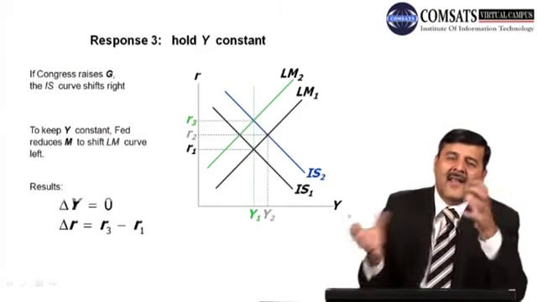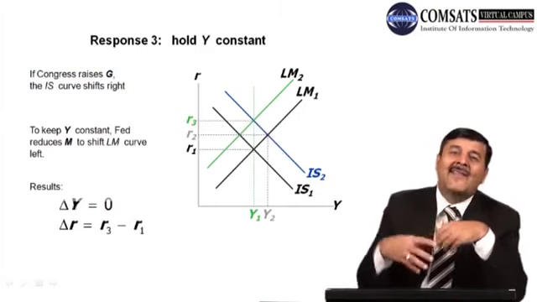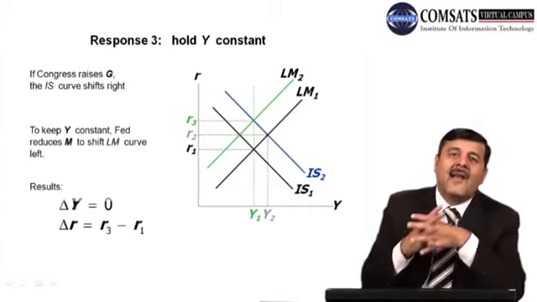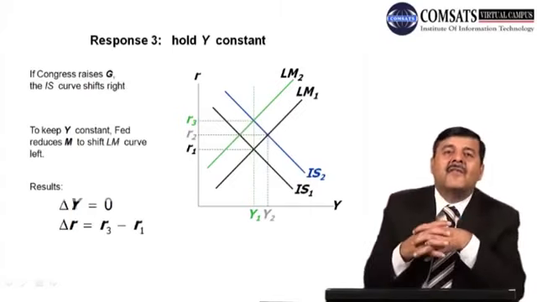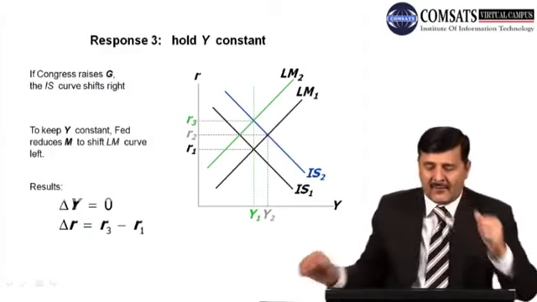In each case, the effect on the rate of interest and the level of income in the economy is different, and that is what we have seen in all of these three diagrams.